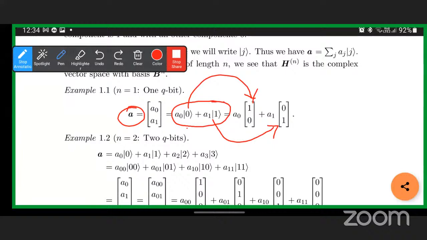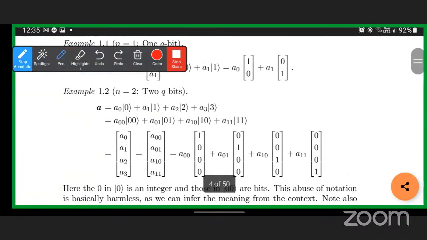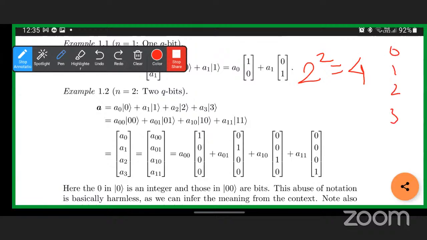So this is just a simple example to understand the notation. Let's take an example of n is equal to 2. For n is equal to 2, 2 raised to 2 will give me 4 vectors: 0th place, first place, second place, and third place.